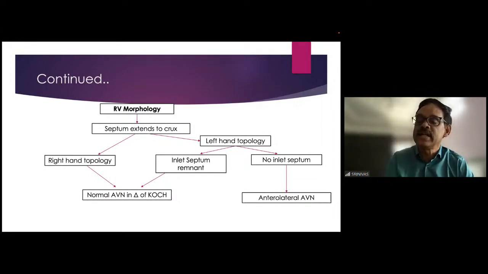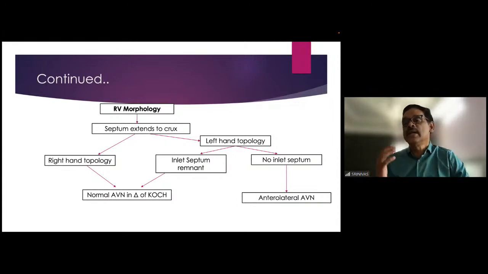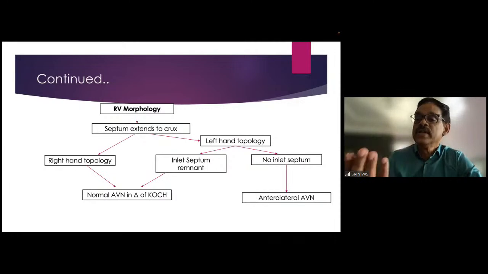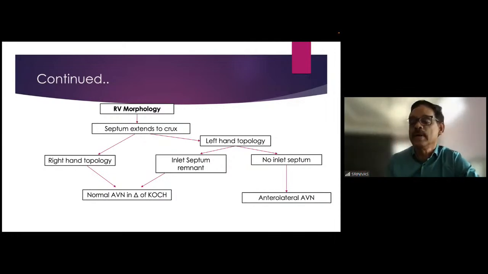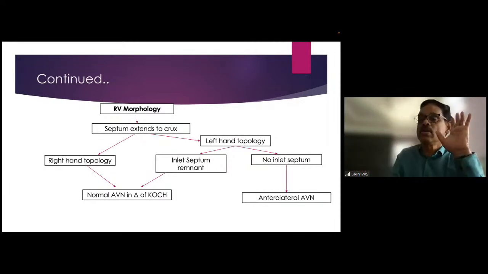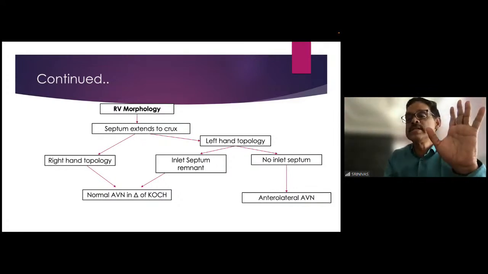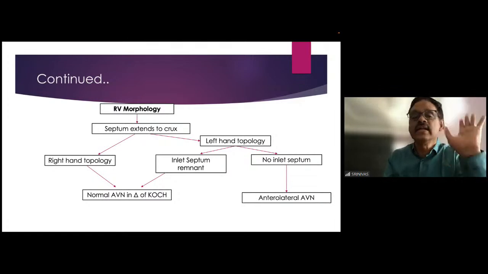If it is on the left side and it is an inverted outlet chamber, it is left-hand topology. Similarly, in single ventricle of RV morphology, you expect the hypoplastic left ventricle to be on the left side. Then that is RV right-hand topology. If it is inverted, it is left-hand topology. So in other words, right-hand topology is the normal position of the right and left ventricles. Left-hand topology is the inverted position of the right and left ventricles.